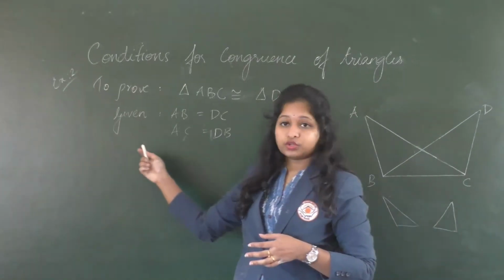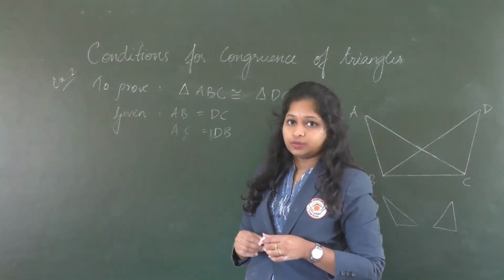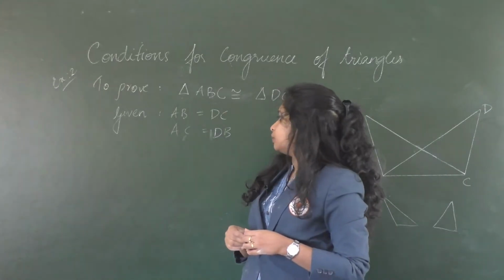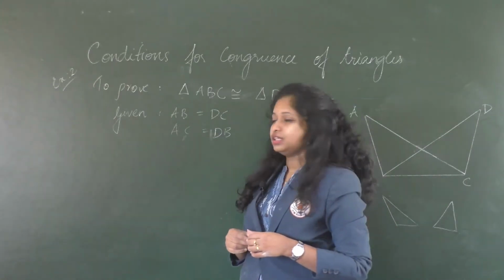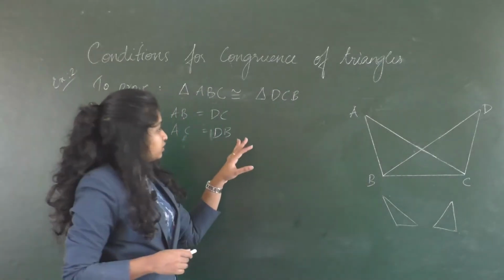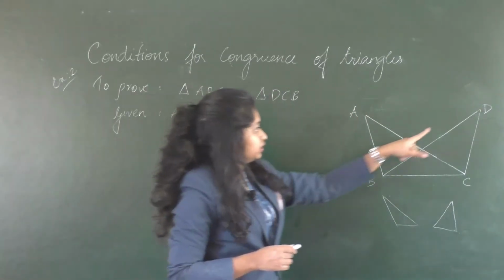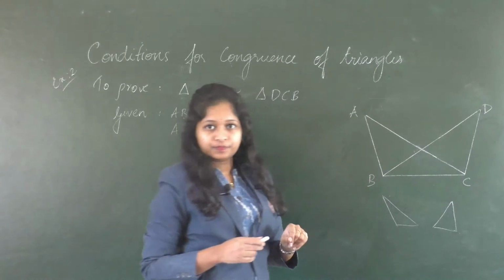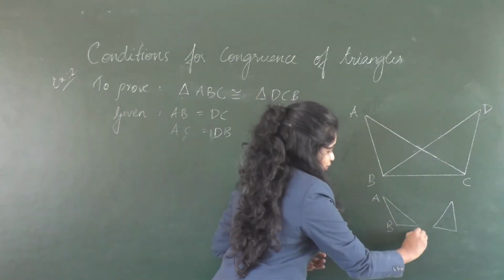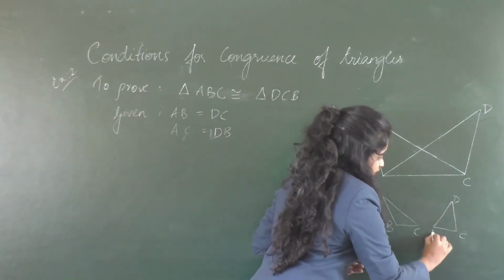Here I have a question from example number 2. Prove that triangle ABC is congruent to triangle DCB if AB equal to DC and AC equal to DB. So we have to prove that triangle ABC is congruent to triangle DCB. We can draw this separately as two triangles, ABC and triangle DCB.